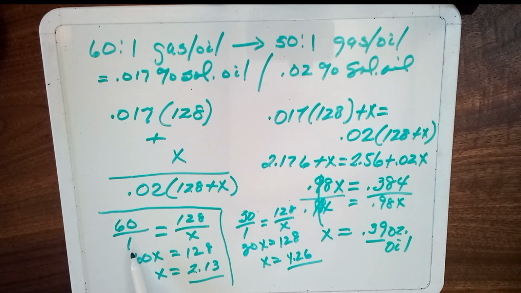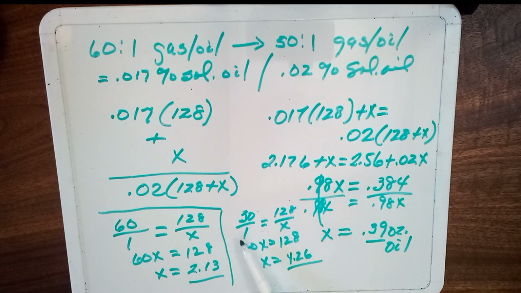If I'm mixing at 60 to 1 and I've got a gallon of gas, which is 128 ounces, I'm going to set my proportions up like this. I'm going to cross multiply, so I get 60X is equal to 128. 128 divided by 60 would be 2.13. Remember I just said that if I wanted to reduce my 60 to a 30 mix, I would be adding twice the amount of oil that I did for 60.